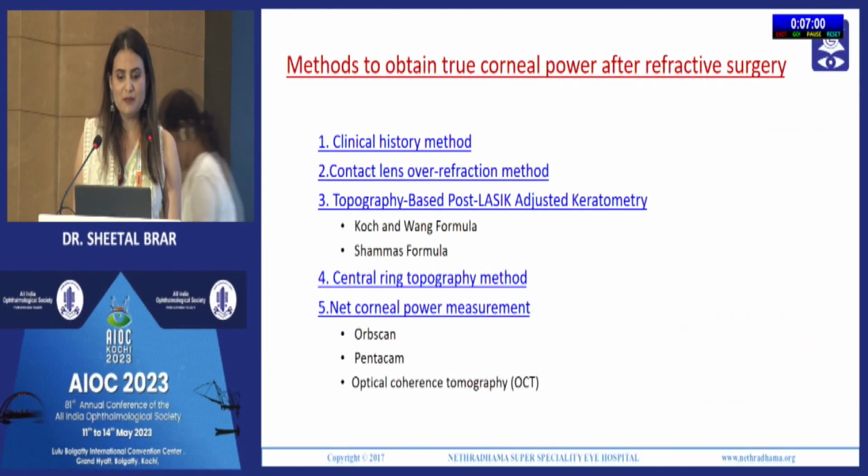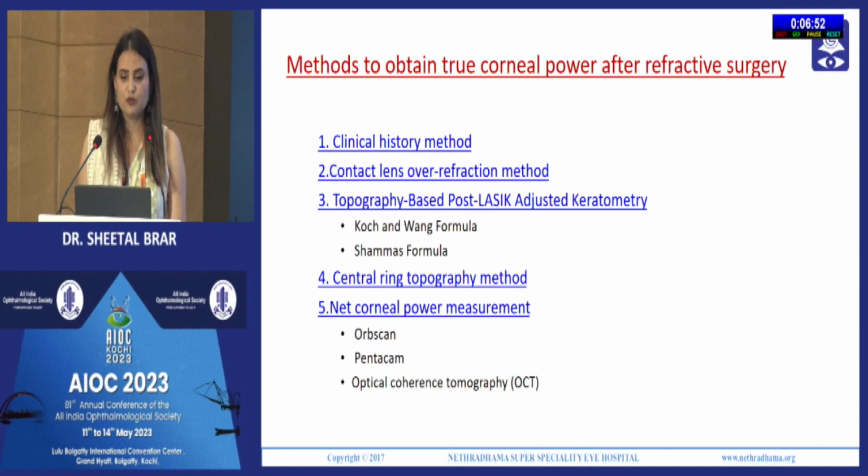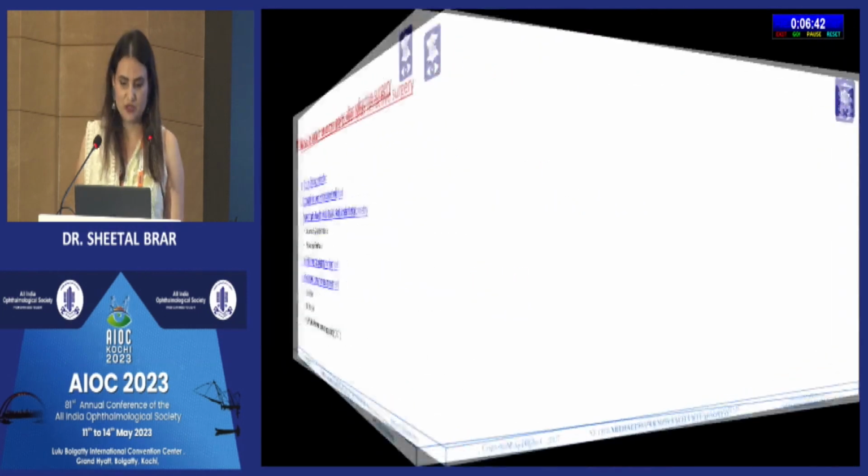Now, what are the methods to obtain true corneal power after refractive surgery? There is the clinical history method, which is still considered the gold standard, the contact lens over refraction method, topography based post LASIK adjusted keratometry, the central ring topography method, and net corneal power measurement.